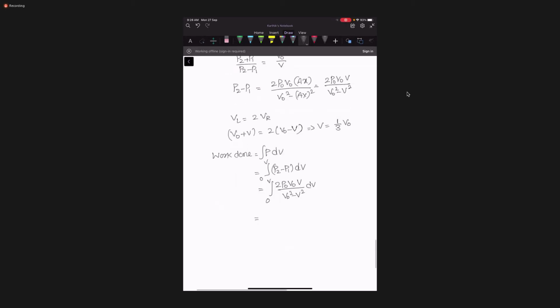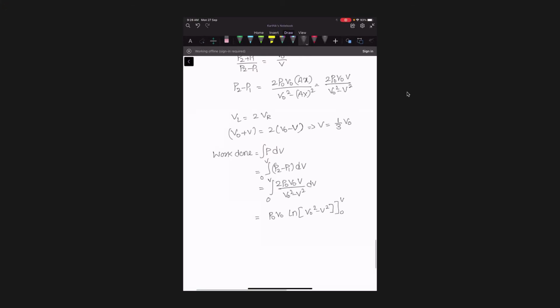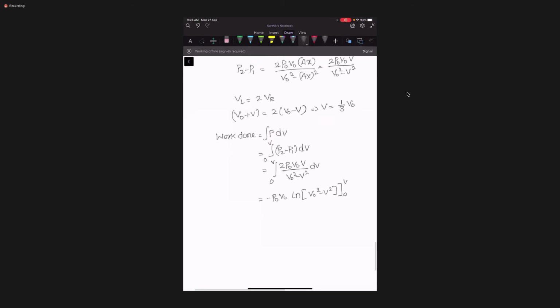So take it this side, V by V naught square minus V square dV, and by log, V naught square minus V square, 0 to V. Minus of that. So this will be equal to minus P naught V naught log of V naught square minus V square divided by V naught square.